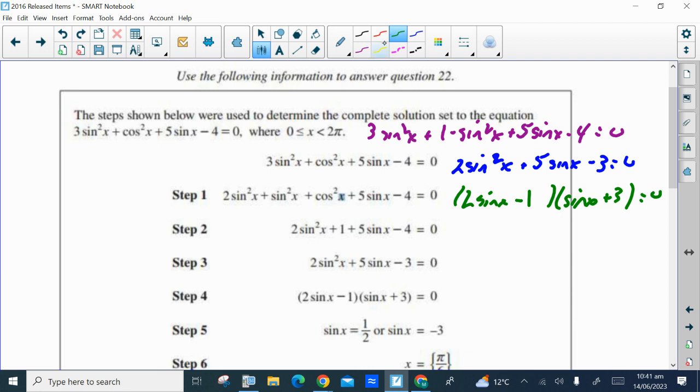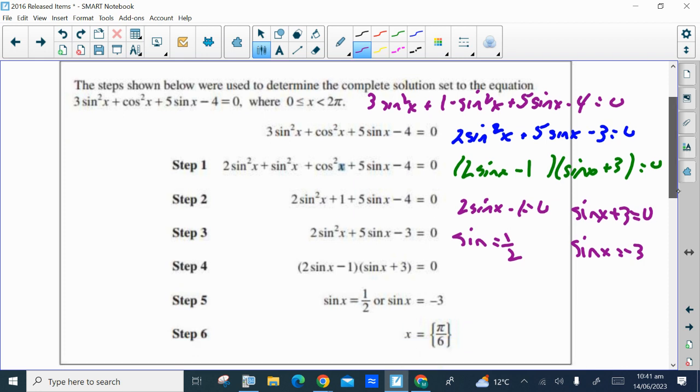Step 4 is correct. The next step would be to make each factor equal 0 and solve for sine x. So here you would add 1 and divide by 2. Here you would subtract 3. So our solutions will come where the sine of x equals positive a half and negative 3. So step 5 is also correct.